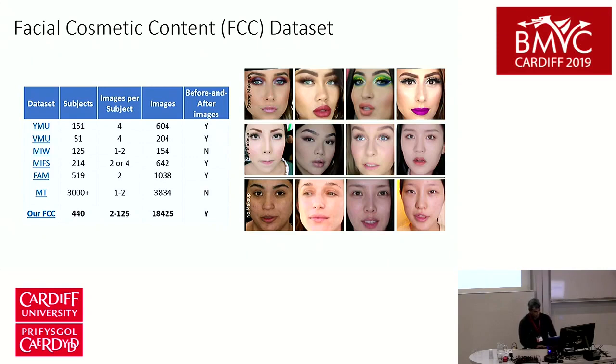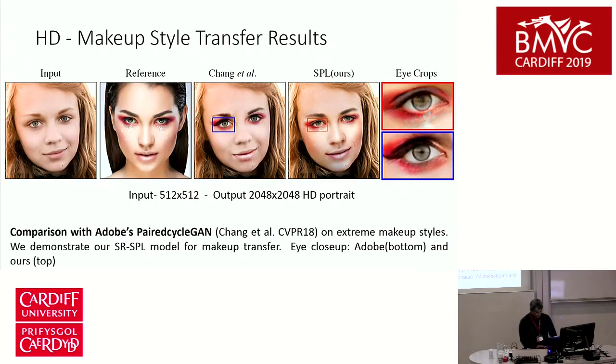And this is currently the largest data set with more than 18,000 images. And it provides images in both strong and light makeup. And it can also be used to study face recognition in the presence of makeup and face paintings. And the data set can be recreated and downloaded from our GitHub page.